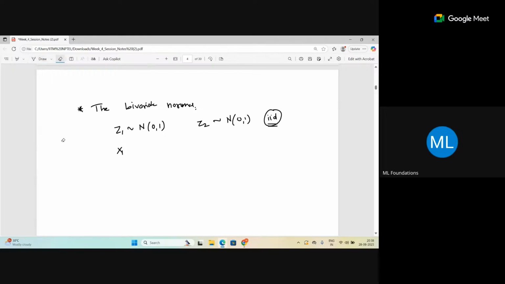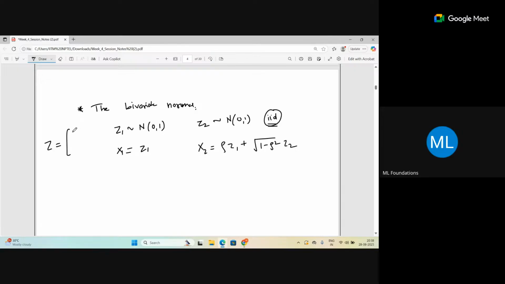Then let's say X1 is another random variable which is a function of Z1 and Z2, which is, let's say, Z1, and X2 is another random variable which is a function of Z1 and Z2, like this, Z2. And let's say Z is a vector which contains these two random variables Z1 and Z2. When I say fZ of z, I'm talking about the joint density of Z1 and Z2.